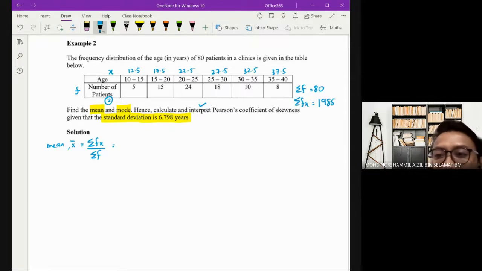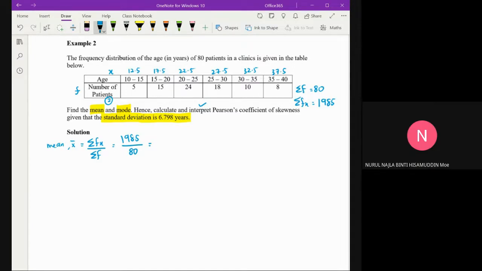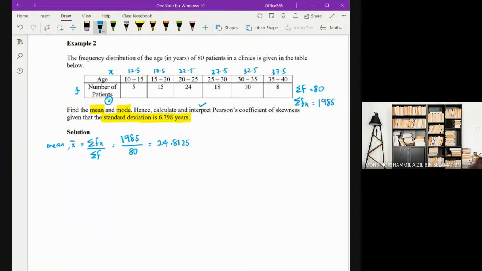Okay, alright. So 1985 divided by 80. Please calculate. 24.8125, right? If the calculator gives you 24.8125, just write 24.8125. Don't be stingy with 24.8 or 24.81. It has a fixed actual value, so just continue and finish up all the values.